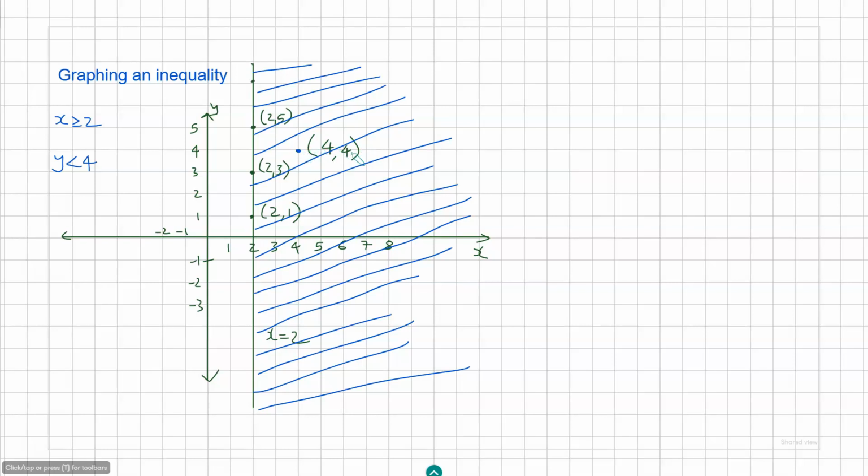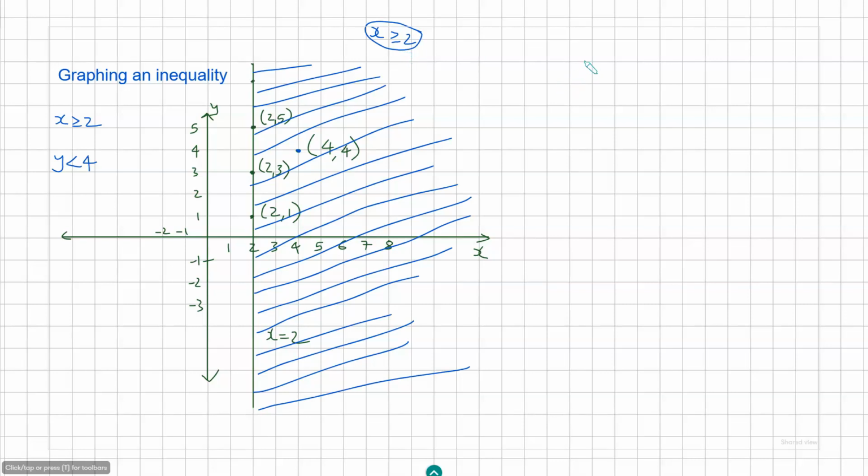For the point 4, 4, can you say x greater than or equal to 2? Does it satisfy this inequality?